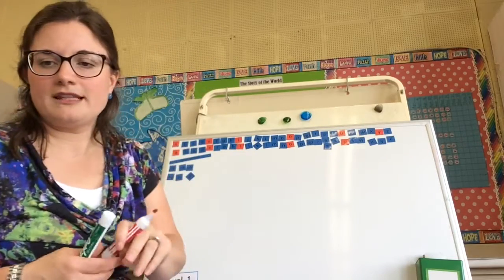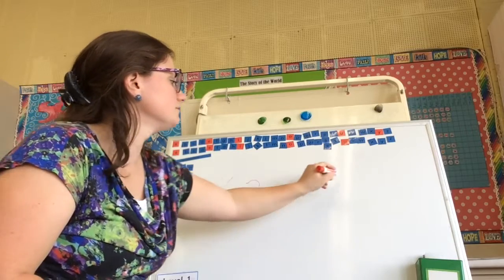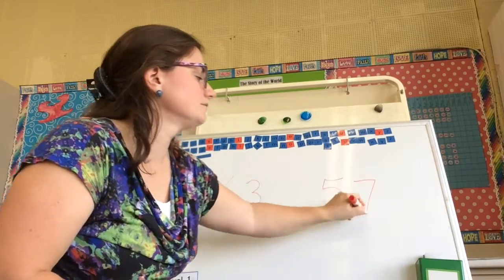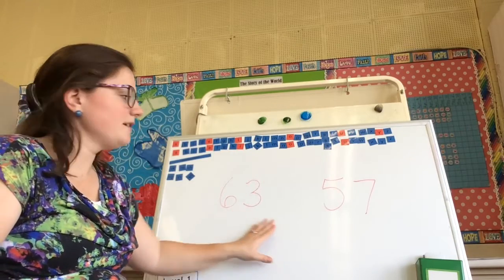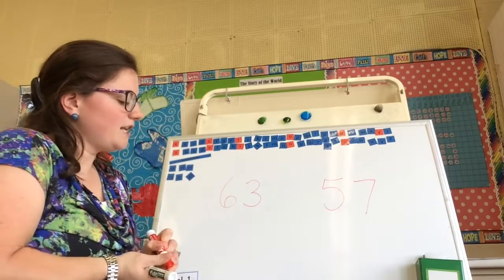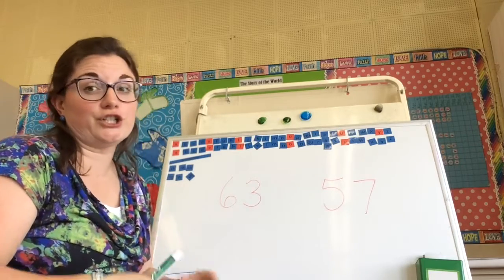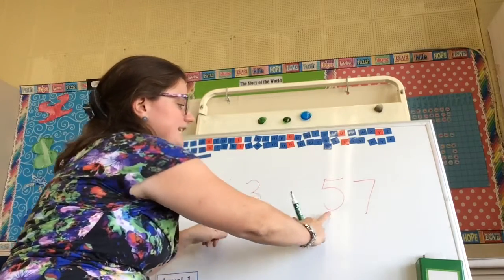And now we're going to do one more here. Okay, say this number with me. 63, 57. We want to figure out which one is larger. Okay? Do we start in the ones or the tens?